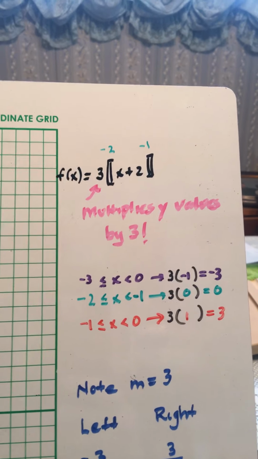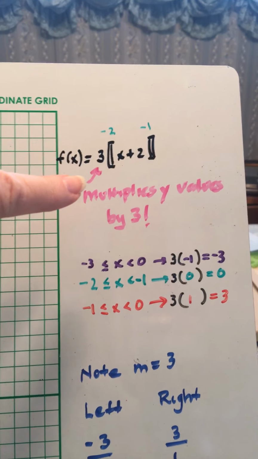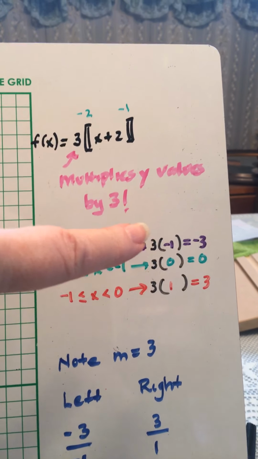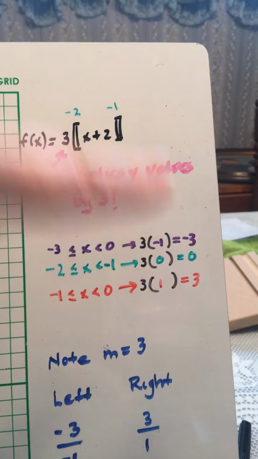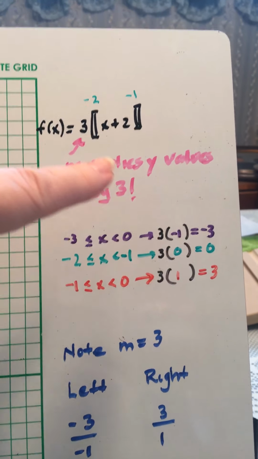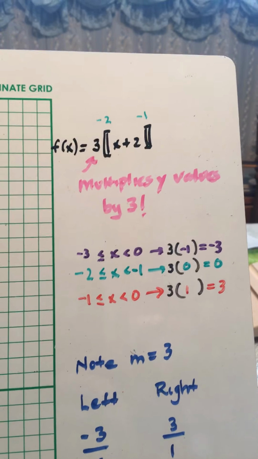Now, problem 5, what's different? They're going to put 3 times in front. So notice I'm going to set these up the same. It's just now, instead of -1, it's 3 times -1. Instead of 0, it's 3 times 0. Instead of 1, it's 3 times 1.